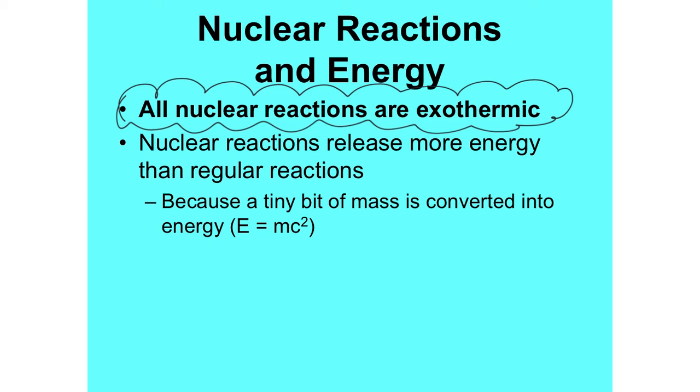However, a tiny bit of mass lost, and I'm talking about decimal places down, not whole numbers, will correlate to a huge amount of energy. And this is why nuclear weapons are so much more destructive than regular bombs.